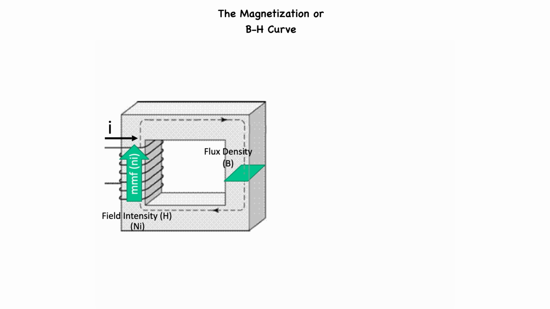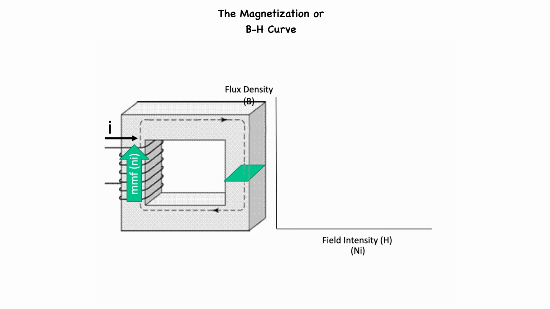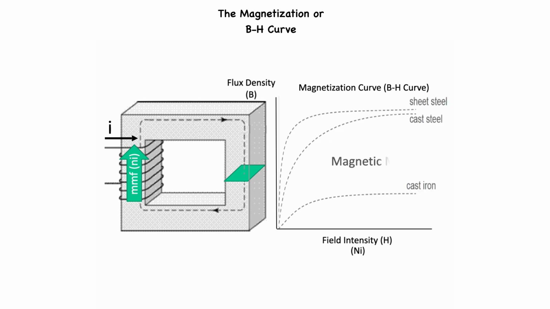However, this time, if we were to plot this flux density as the current or field intensity increases, it would not entirely be linear, but would curve and start to flatten at some point, depending on the type of material that is inside the coil.